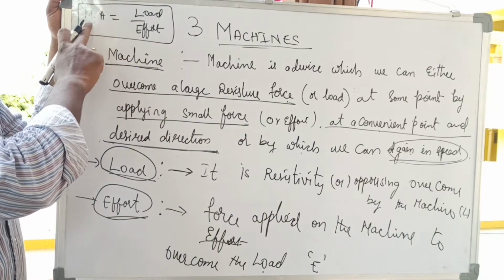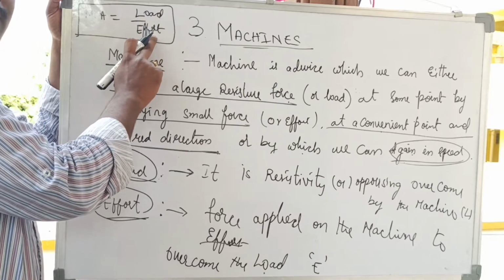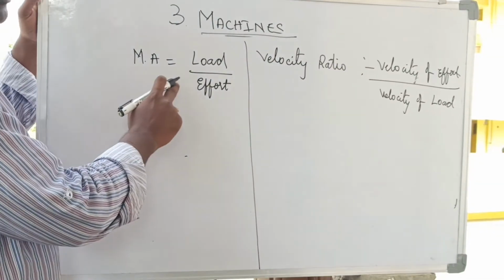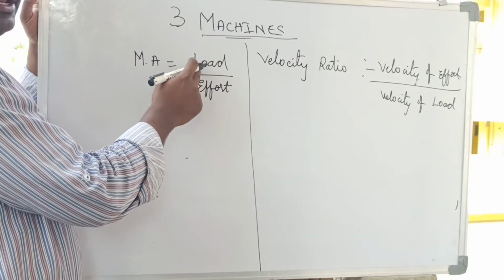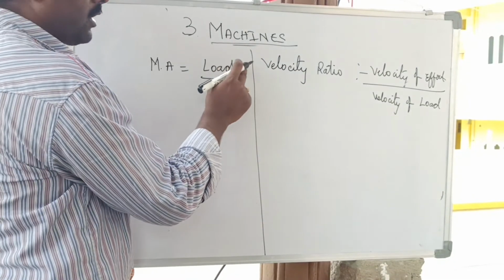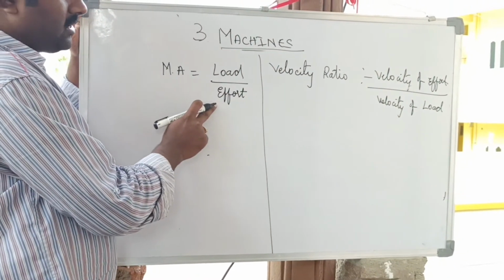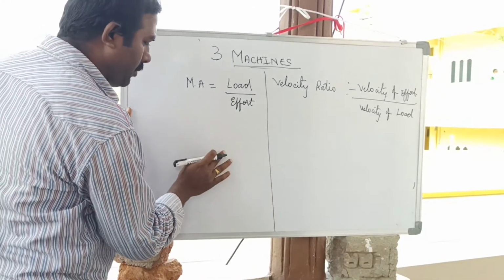What is mechanical advantage? It is the ratio of load to the effort. I already said what the load and effort are. Load is nothing but a resistive, opposing force to be overcome by the machine. Effort is the force applied on the machine to overcome the load. That we already did, and we gave an example also.